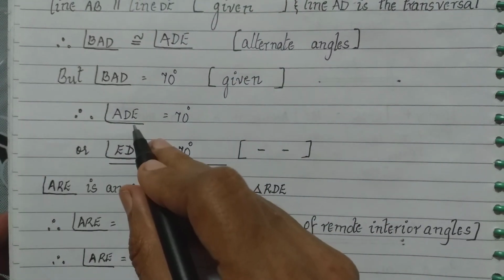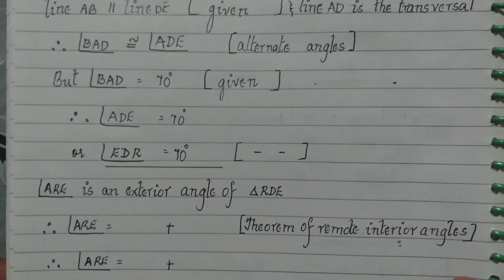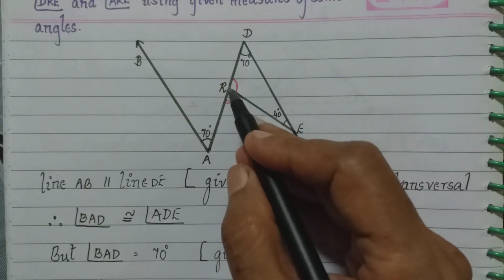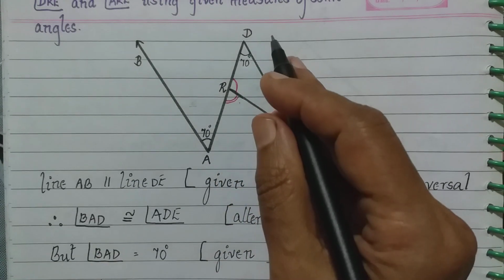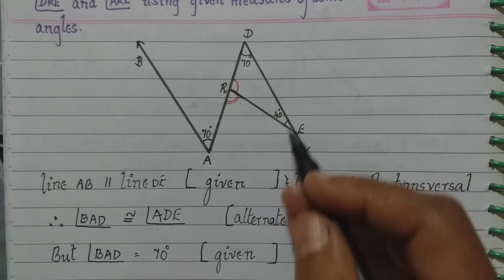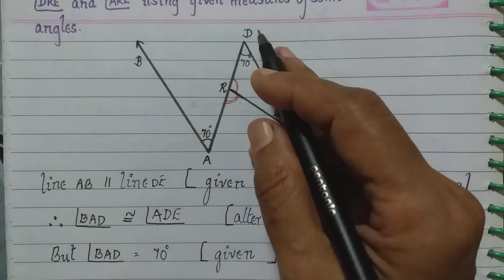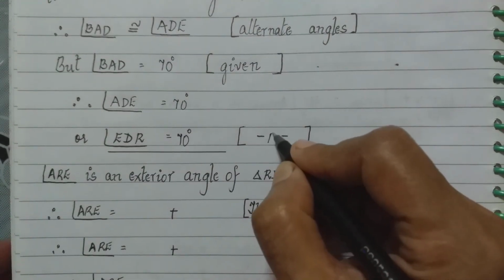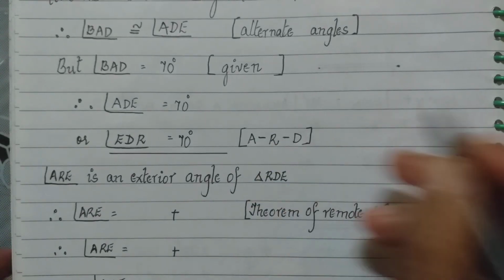When I change it from angle ADE to angle EDR, I have to write a reason here. Why? Because we see that this point R lies between A and D. So, instead of calling it ADE, I can also call it RDE, because R lies between A and D. So, I write here because R lies between A and D.